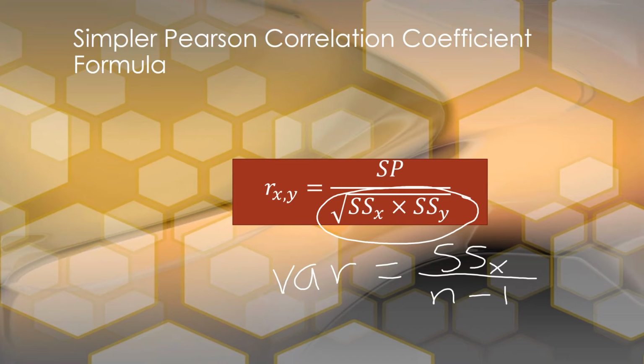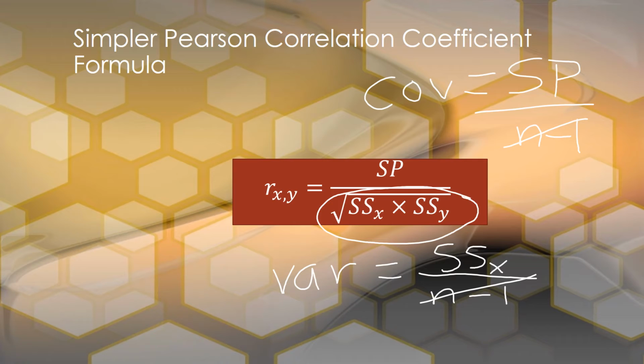So we're just taking that top part, and the one up here is really the covariance. So the covariance equals the sum of the products divided by n minus 1. And so what happens is this and this cancel out, and we're left with the sum of the products divided by the sum of the squares for each of them.